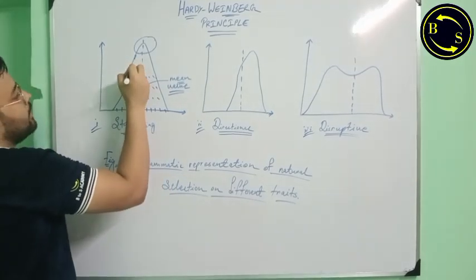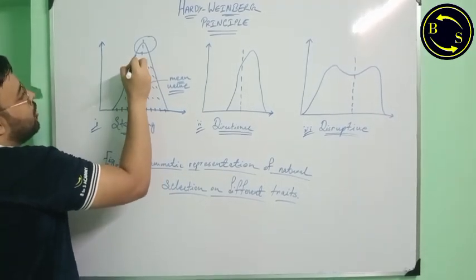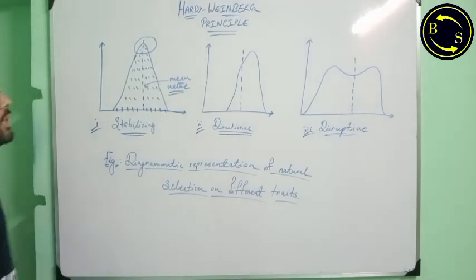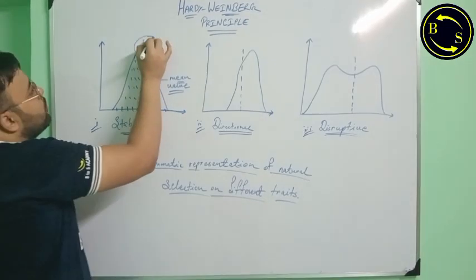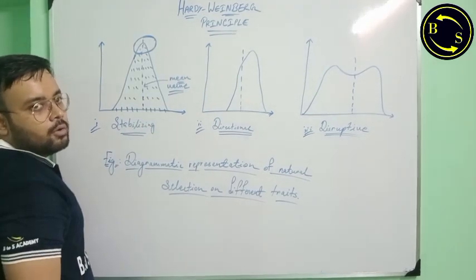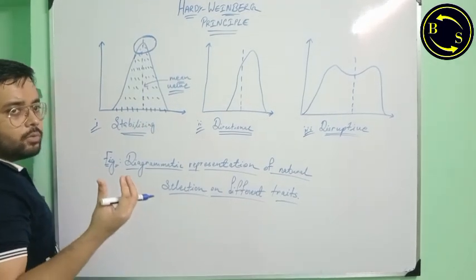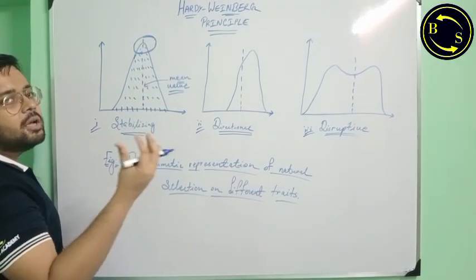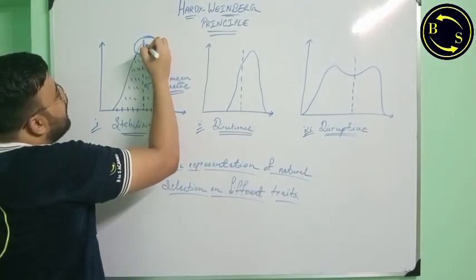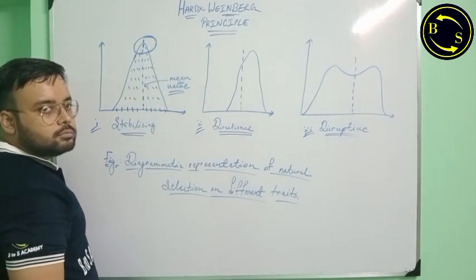and the rest are getting eliminated, and the organisms containing those unwanted variations are also getting eliminated. So only a few individuals will remain in the population with only those beneficial variations which will be centered around the mean value.